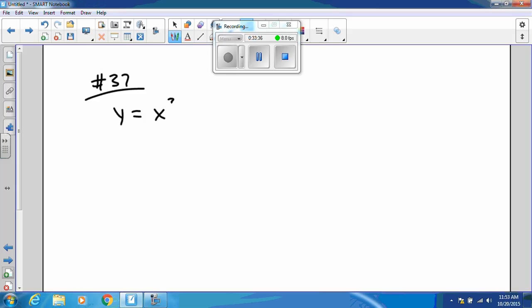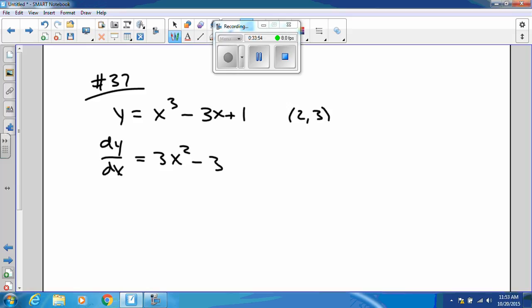So what was the curve? The curve was x cubed minus 3x plus 1. Okay, and was there a point involved? 2, 3. Okay. So we compute dy/dx, and dy/dx gives us the slope of the tangent line at any point, right?